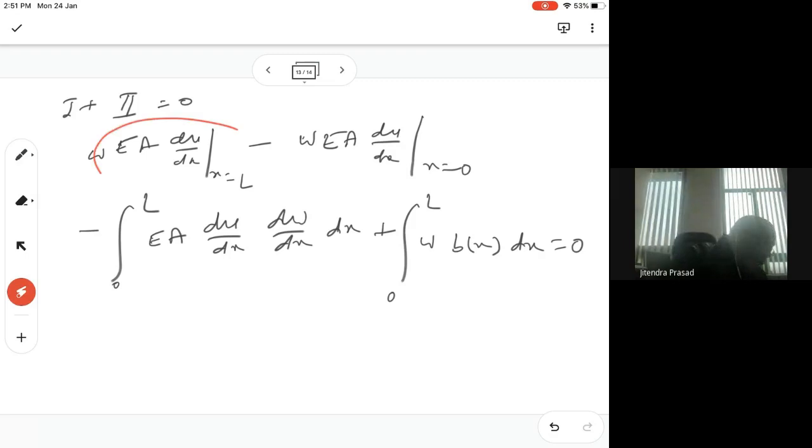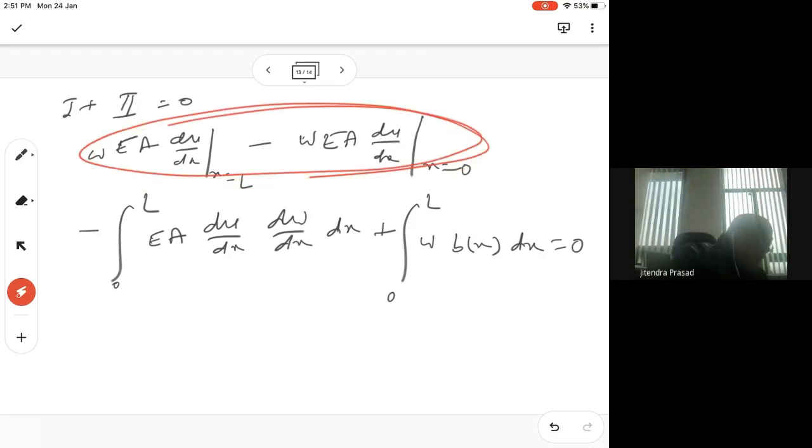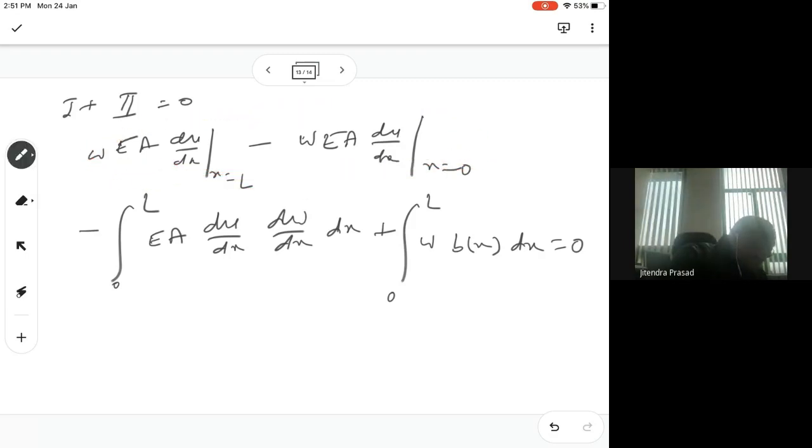Now these values, if you know them by a boundary condition, you can apply all of this. If you remember, we said that at x equal to L, the force f equals f naught.